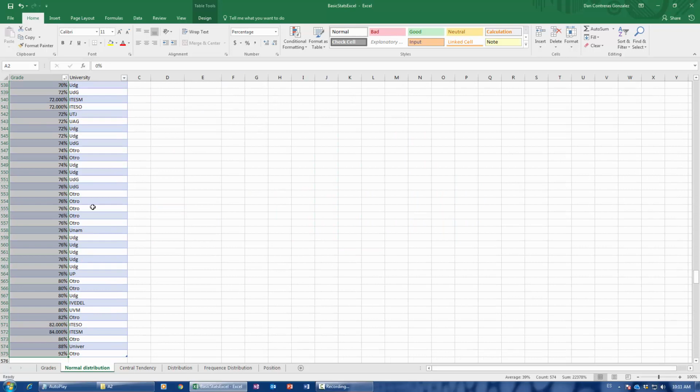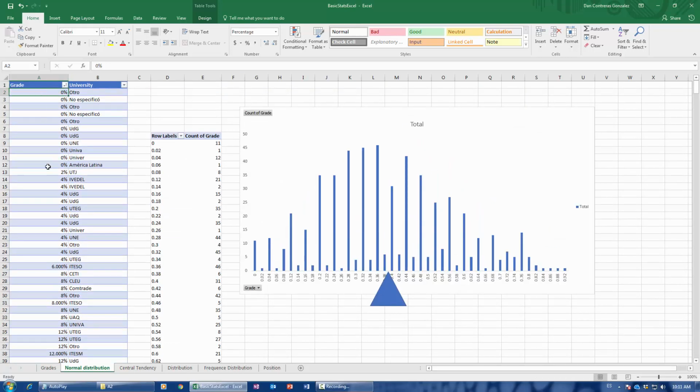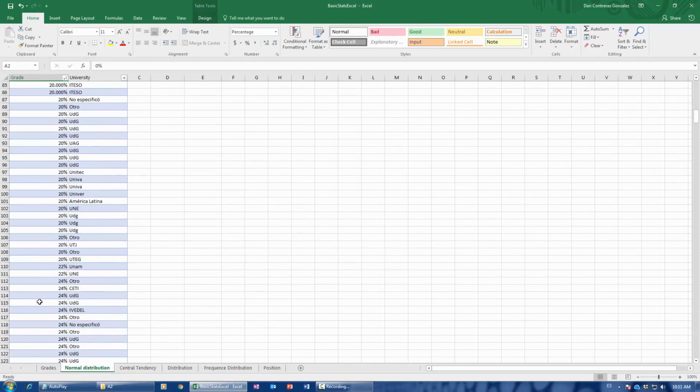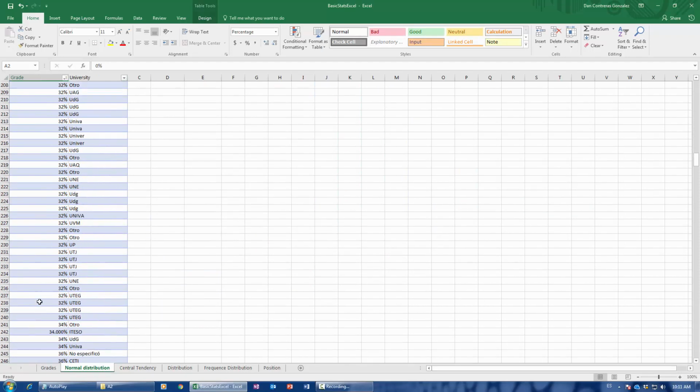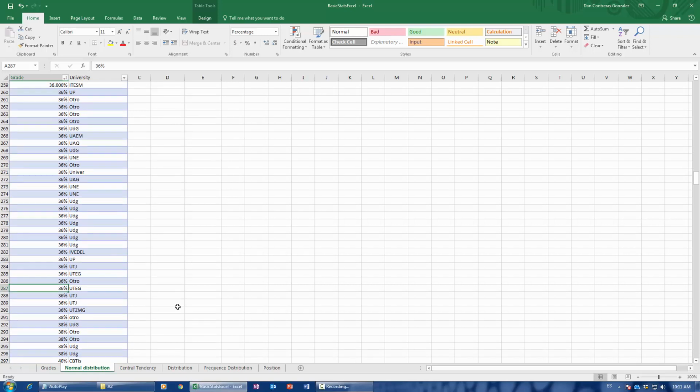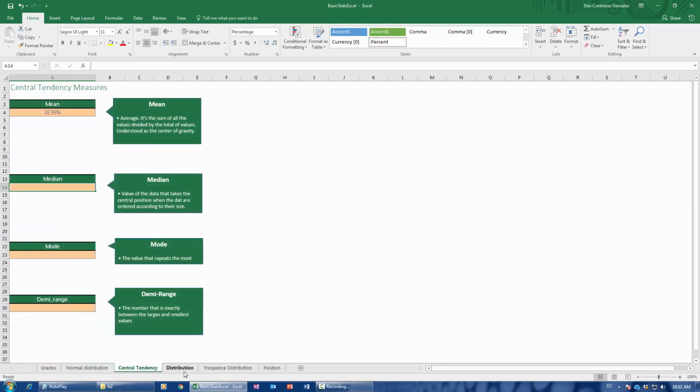The point I'm trying to make is that if we take the 574 students and go all the way to the middle, 574 divided by 2 is 287. So I'm going to go over to 287. If I go over to the very middle, I'll notice that my middle grade is 36%. Luckily, I don't have to do this by hand every time I want to calculate the median.